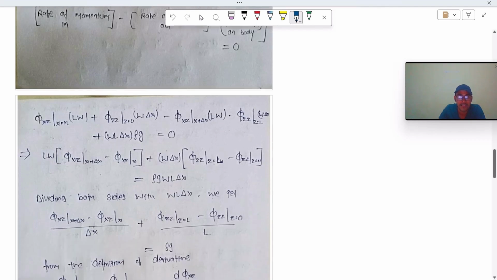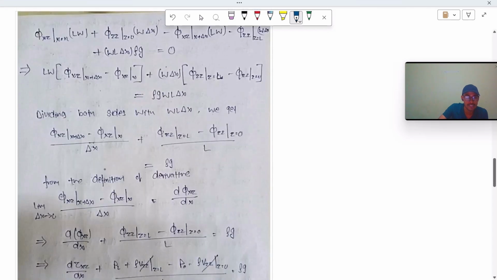This is the term. Now we will divide the whole term by W L delta x to get this expression, that is phi xz at x plus delta x minus phi xz at x upon delta x, plus phi zz at z equal to L minus phi zz at z equal to 0, upon L, equal to rho g z.